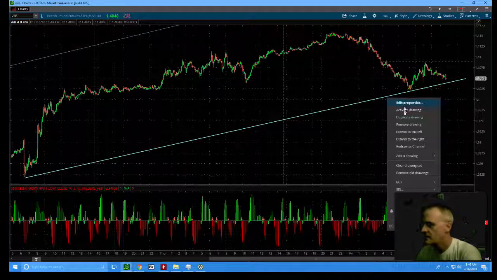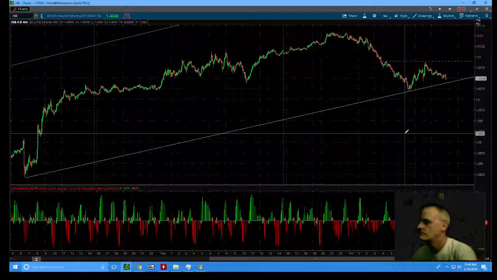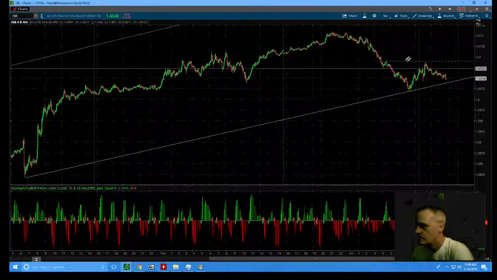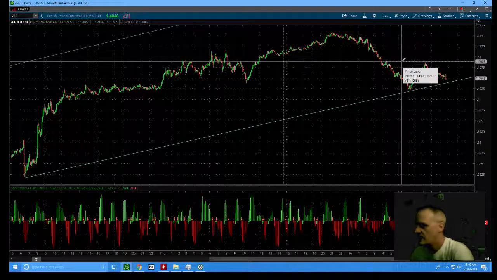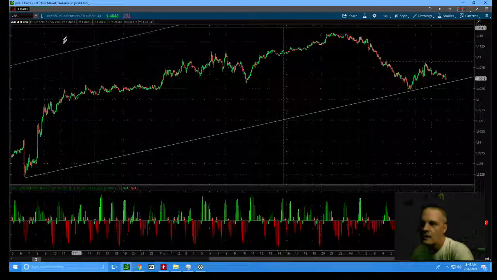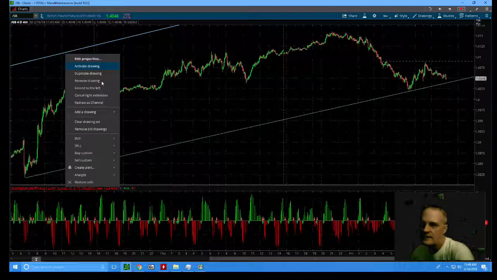This is the British pound. Now there was this level of resistance which I drew before that I can just leave on there.